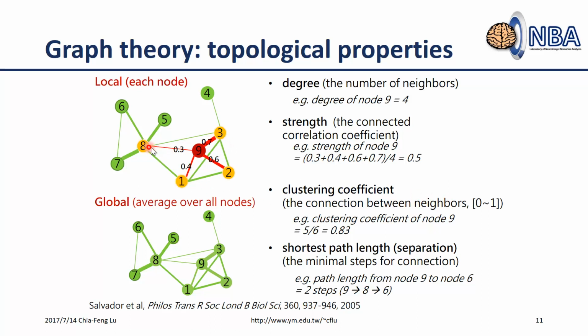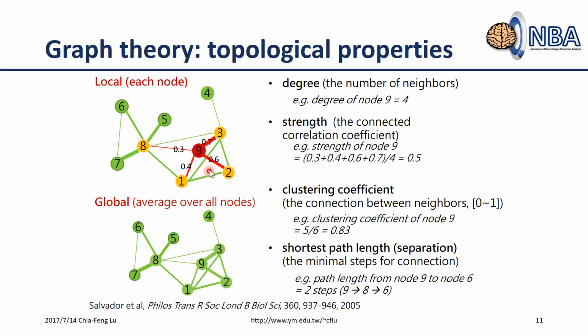We don't consider the connection to node 9, but we want to know the connections between these 4 nodes. All the possible connections include this one, this one, this one, this one, and also the diagonals between 1 and 3, and between 2 and 8. So for all the possible connections, we have 6 potential edges.